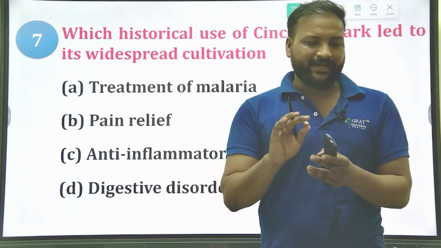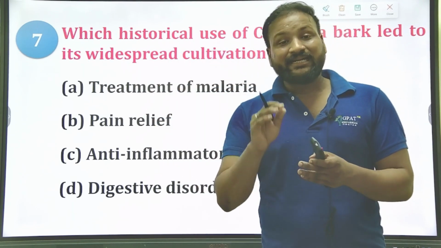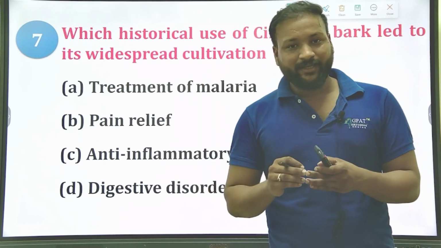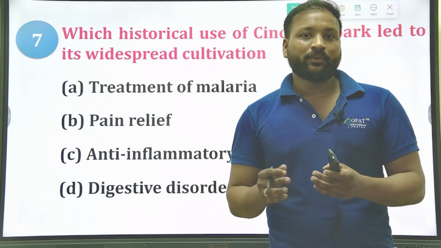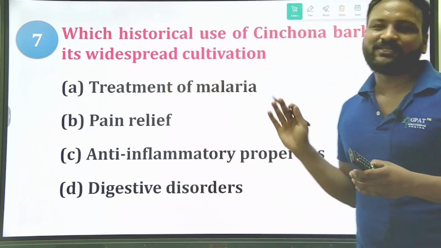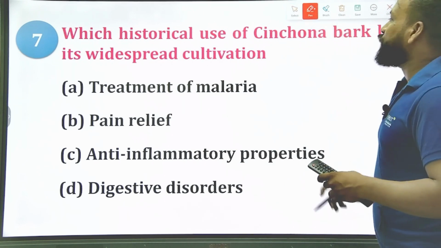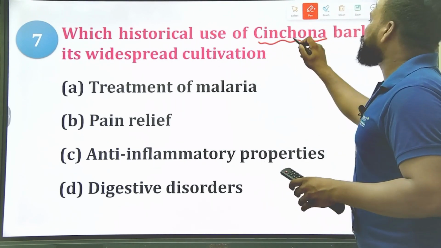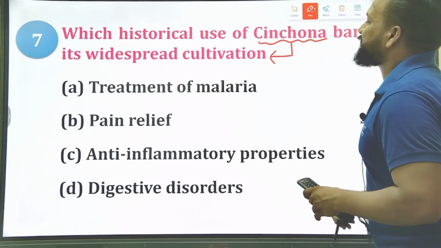Like Vinca is an anti-cancer drug, Digitalis is a cardiac glycoside, Senna is a purgative and laxative. If you know such uses for the drugs, you can easily answer this question. So what medicinal property led to the widespread cultivation of cinchona?